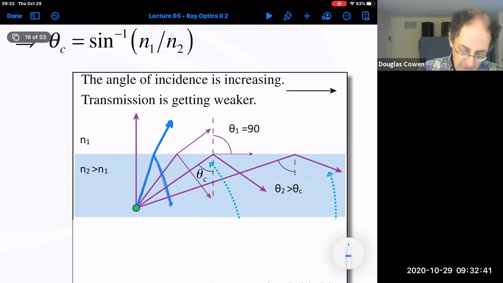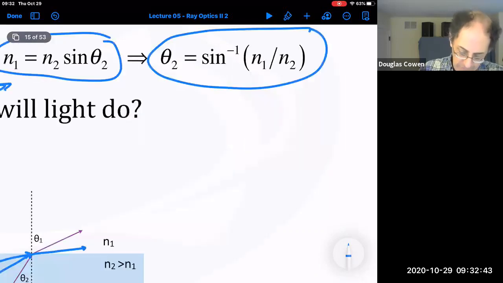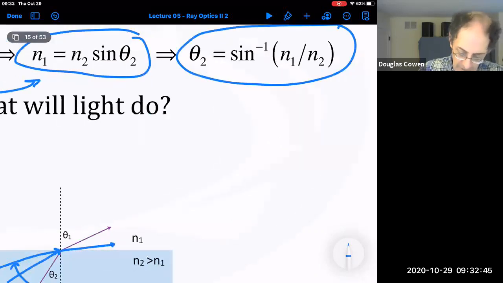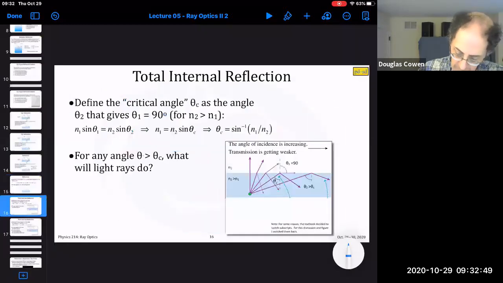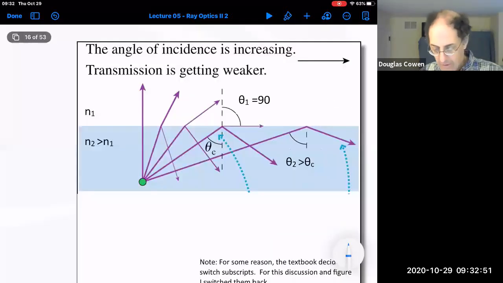And as you gradually increase the angle theta 2, then eventually you reach the critical angle, and at that point, you'll only get light that's traveling along the interface or that gets reflected.